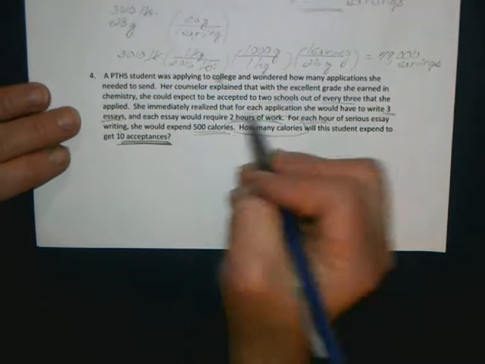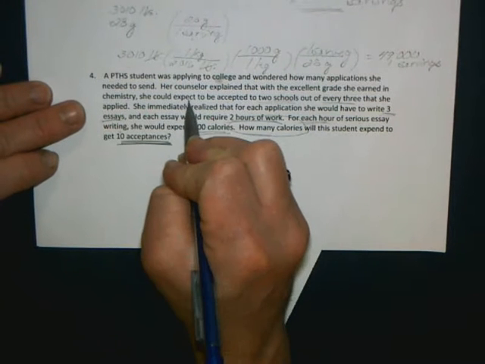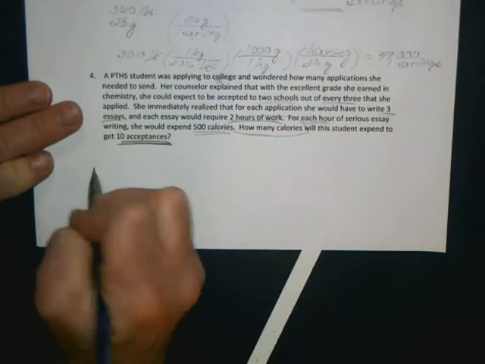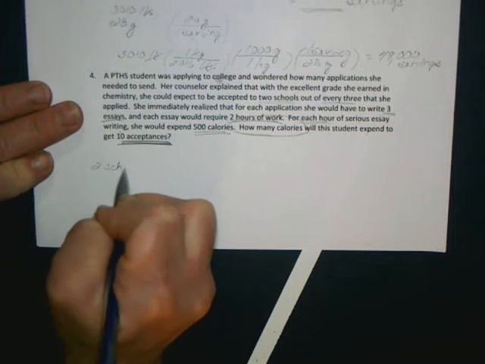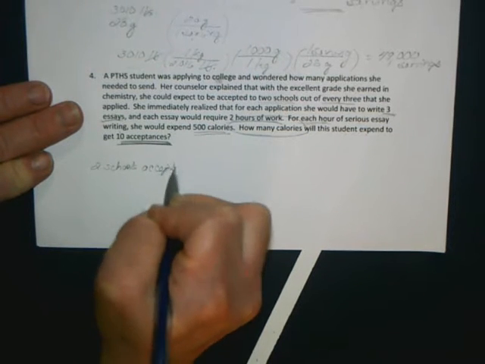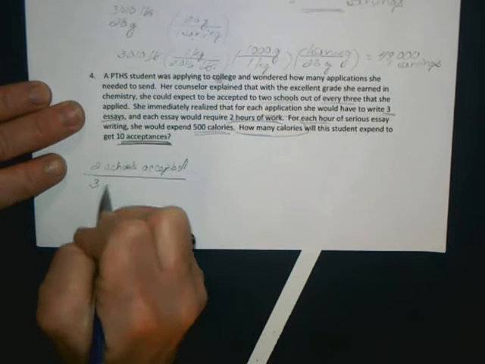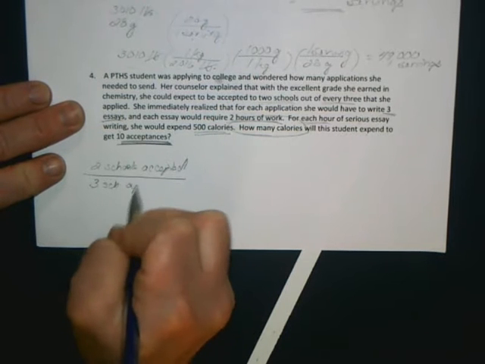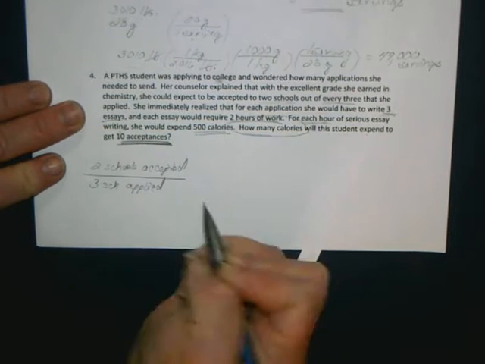Whew! Let's see everything that we're given. She could be expected to be accepted to 2 schools, so 2 schools accepted out of every 3 schools that she applied. All right.